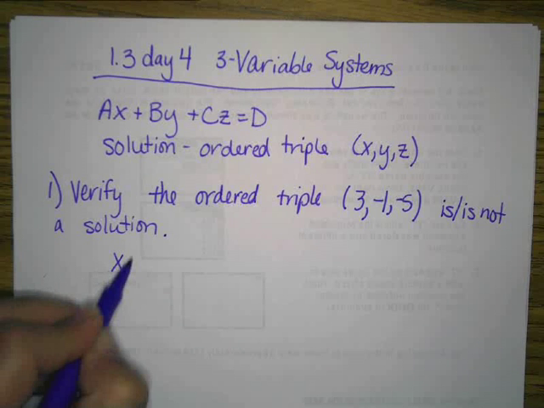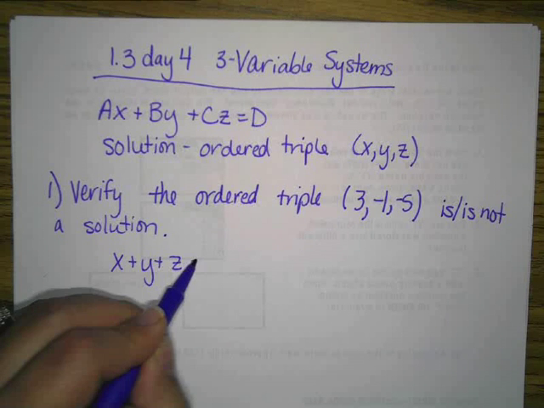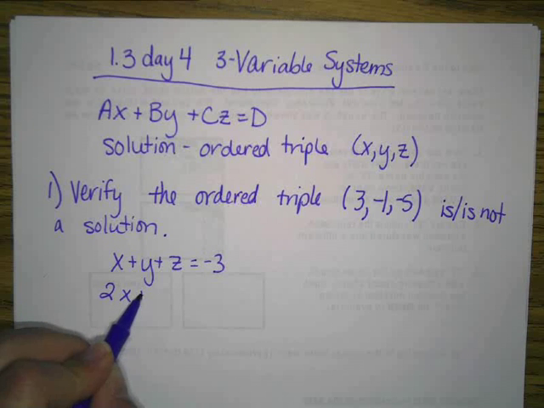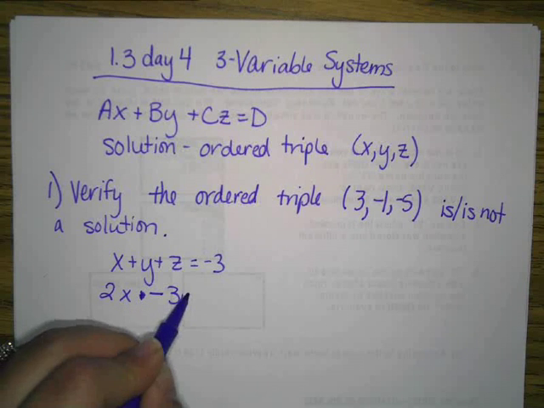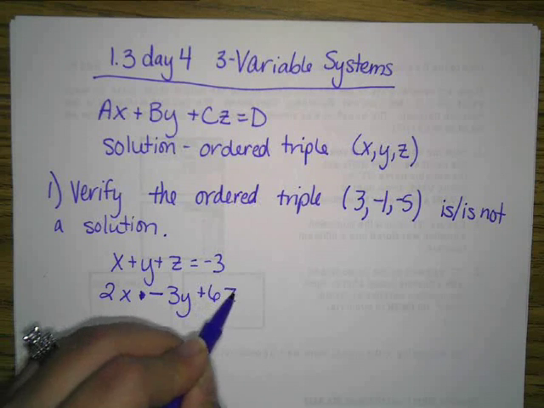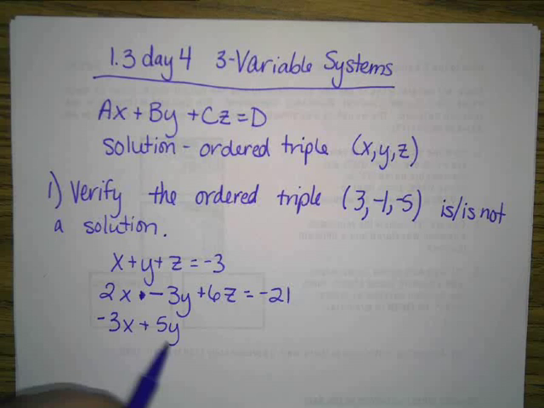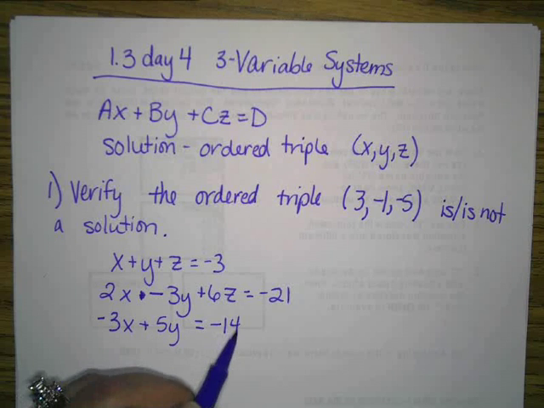And my system is x plus y plus z equals -3, and 2x minus 3y plus 6z equals -21, and -3x plus 5y equals -14.